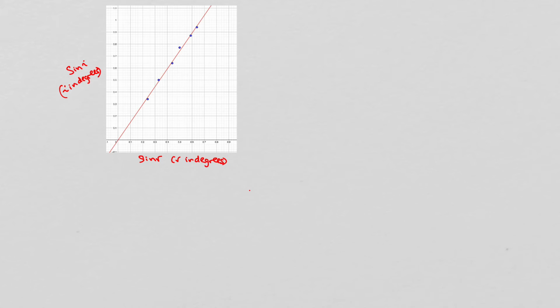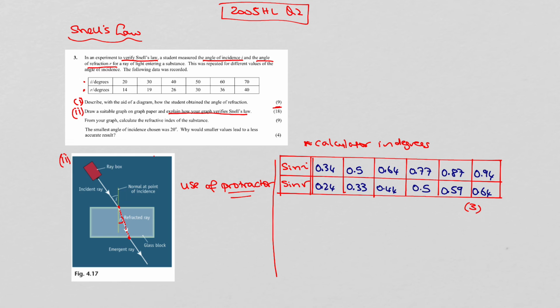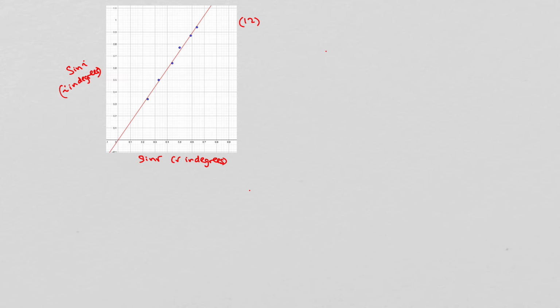Okay, so you're getting 3 marks for drawing and labelling your axes, and then 6 marks for plotting your 6 points correctly. And then, of course, we have to do a line of best fit. So by doing a line of best fit, we want to make sure that it's a line going through the origin, so we have an even distribution of points on either side. And therefore, we have 12 marks for our graph, sorry, 9 I should say, because we already had 3 for getting our points. So we have 9 for our graph.